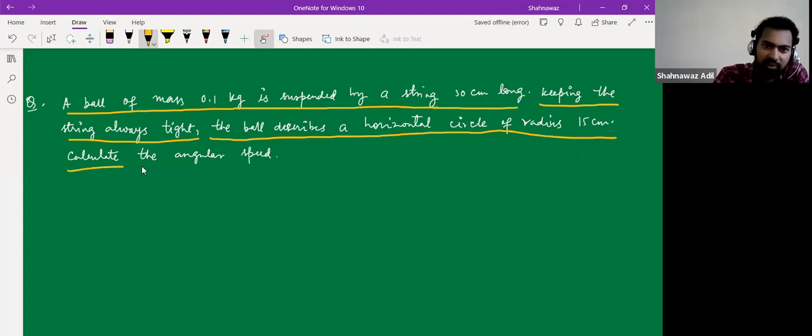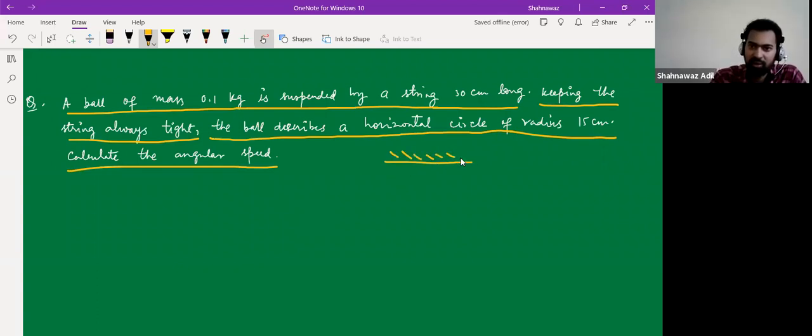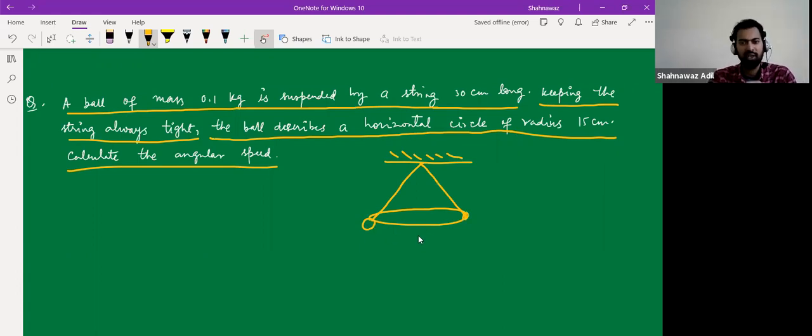There is a ball suspended with a string, and it is moving in a circle like this.